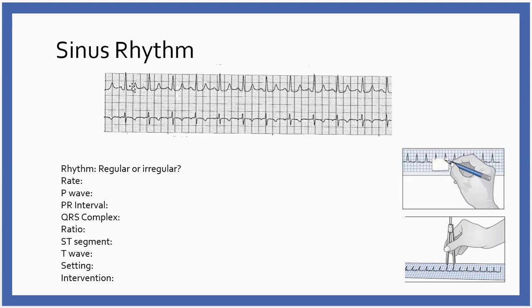What's that all about? Well, these are what are called 2 different leads. Remember, the recording that we see depends on whether the electricity is moving towards or away from a positive electrode. This top view is called lead 2.